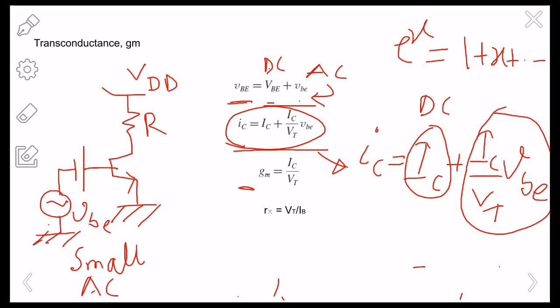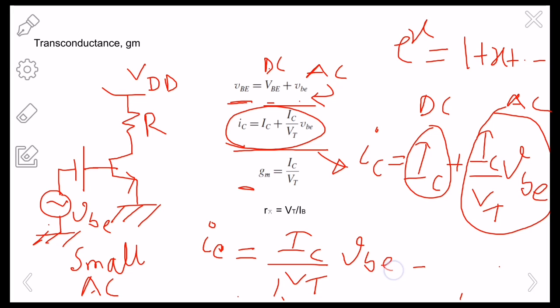Now from this equation, this is DC and this is the AC portion, right? So the AC portion is indicated by small letters. So small ic is equal to, now I can write IC divided by VT into vbe, right? Okay, now see that if you talk about this circuit right here, so vbe is your input, and for vbe you will be getting an output current of a small ic, that is AC current.